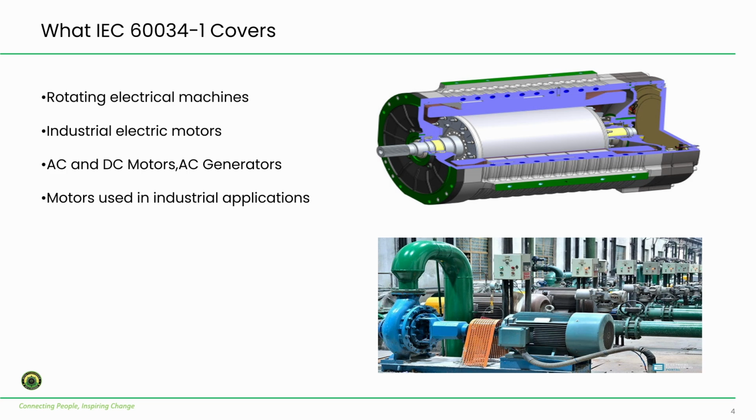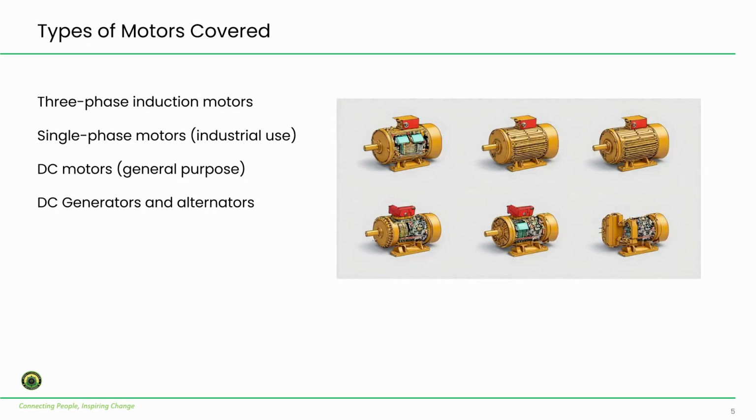It covers all types of rotating electrical machines: industrial electric motors, motors used in industrial applications, AC motors, DC motors, and AC generators. Looking at the individual types covered, this standard covers three-phase induction motors commonly used in industries. Single-phase motors used for industrial purposes are also included.